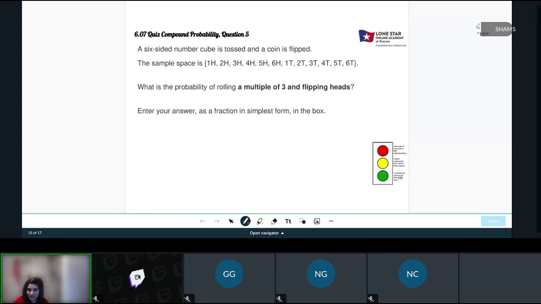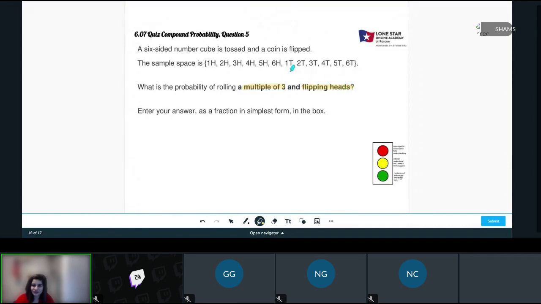This is question 5, variety 2 again. They're rolling a 6-sided number cube and tossing a coin. Here is the sample space. Right? The sample space is given to you. The cube might land on 1, coin on heads, cube might land on 2, and then heads, and so forth. We want the probability of a multiple of 3 and flipping heads.